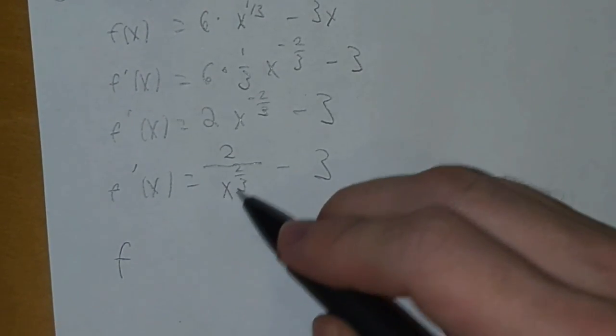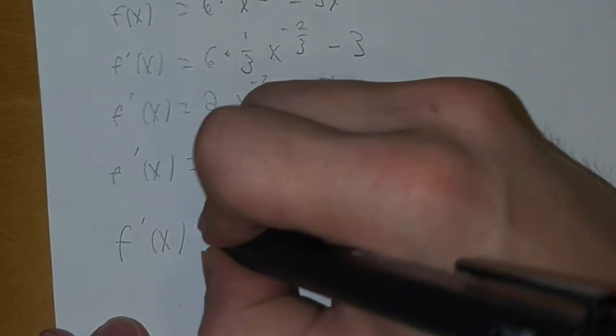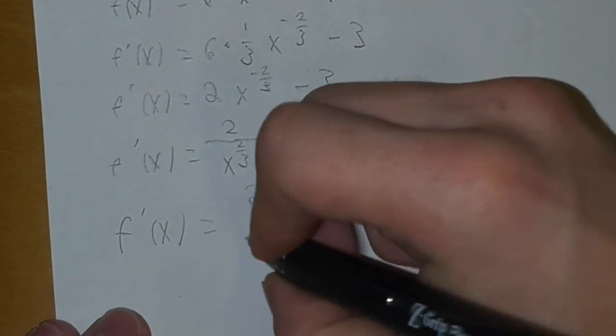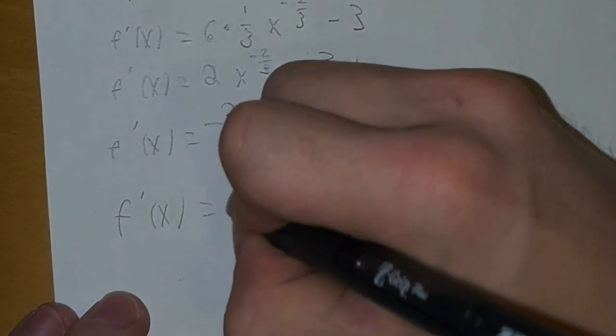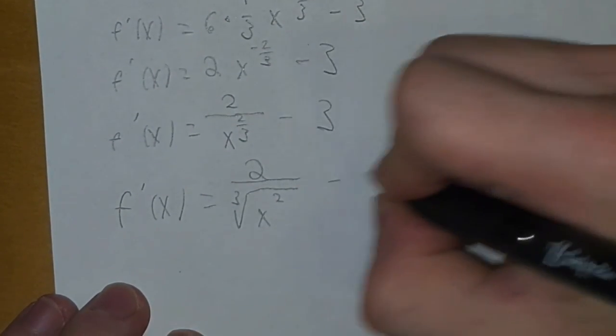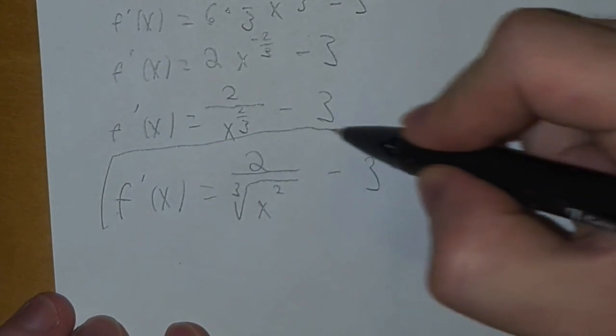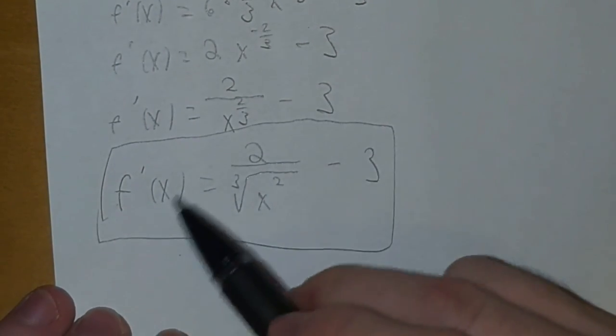Then we continue the operation and change this fractional exponent to a root. Okay, so this is the derivative of the function.